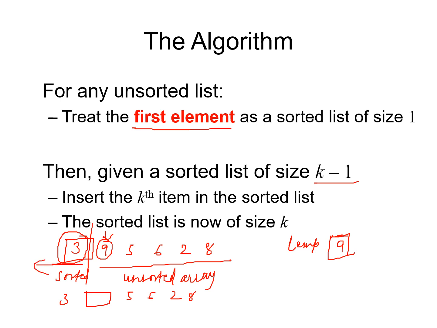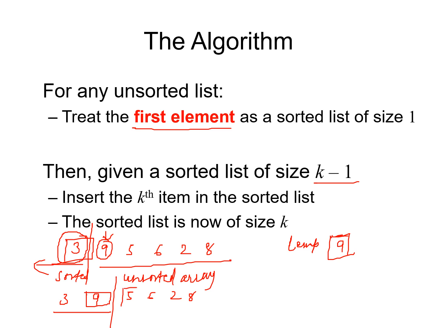So 9 is compared with 3. 9 is greater than 3, so don't do anything. There is only one element, so no shifting or swapping will happen. 9 will stay here in this vacant space. Now your sorted list goes till here, and the rest is unsorted.